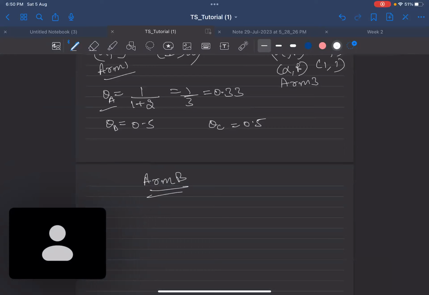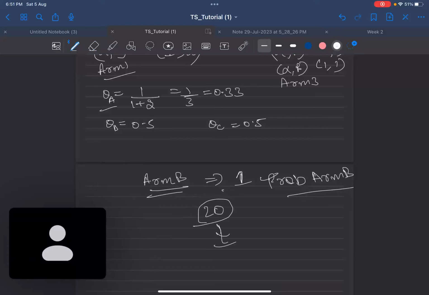So now I'll say arm B. Suppose arm B gives the reward 1. So the probability of arm B will increase. Now again I'll choose arm B. Let us say that we have 50 runs. In the first 20 runs, arm B is performing very well. After that, arm B doesn't perform well.